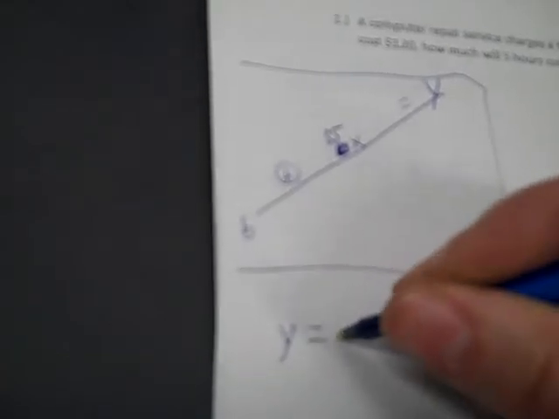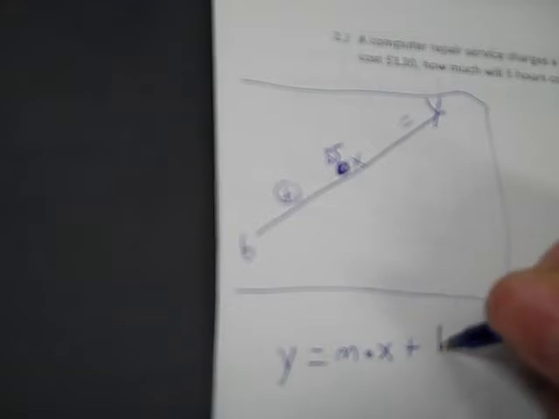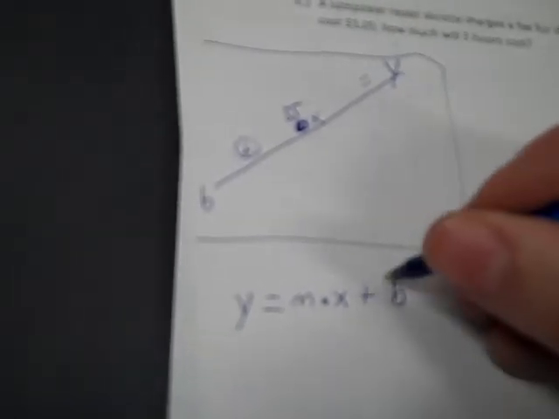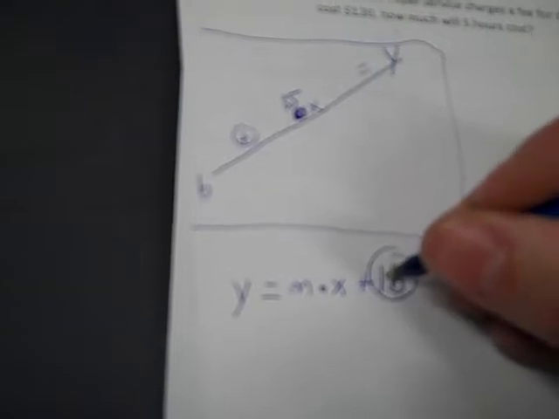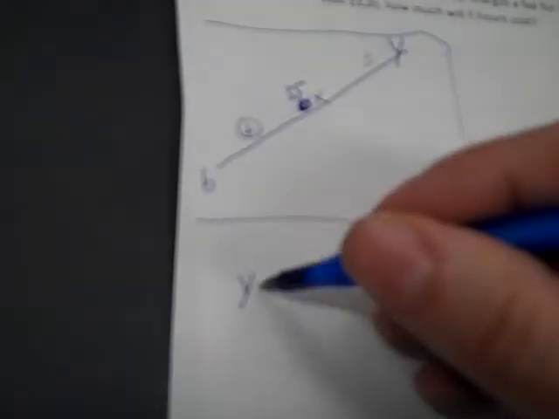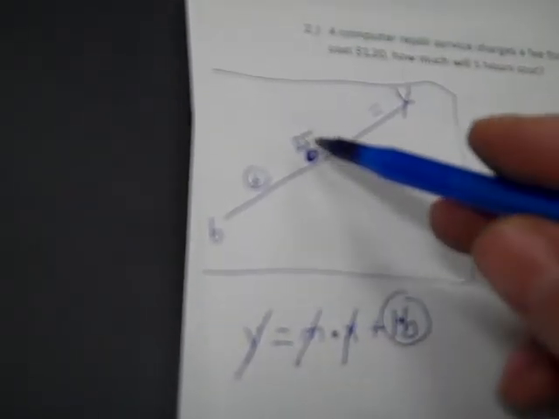I don't see anything I could put there. So I use the formula y equals m times x plus b. Now I put a 1 in front of the b and circle it, okay? Put a dot there. And I have to replace all the other letters with numbers. So my m is the 35.